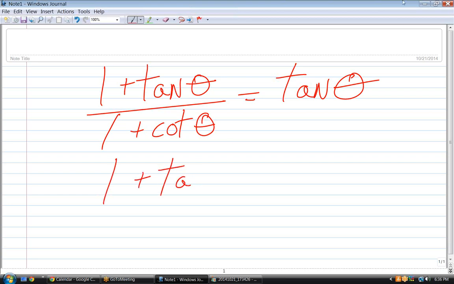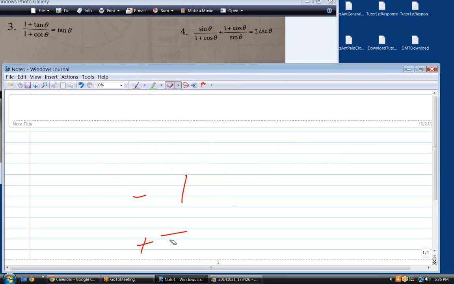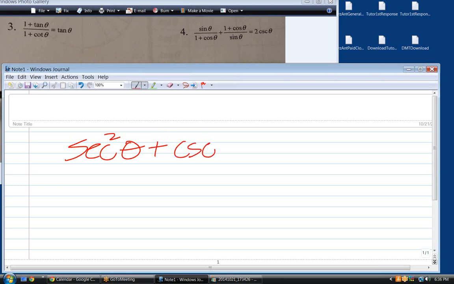Oh wait, for which one, I guess? Maybe we don't have the same ones. For number 3? Yeah. Nope, mine's different. Oh, is it? Okay. Read me yours. Secant squared theta plus cosecant squared theta equals secant squared theta times cosecant squared theta.